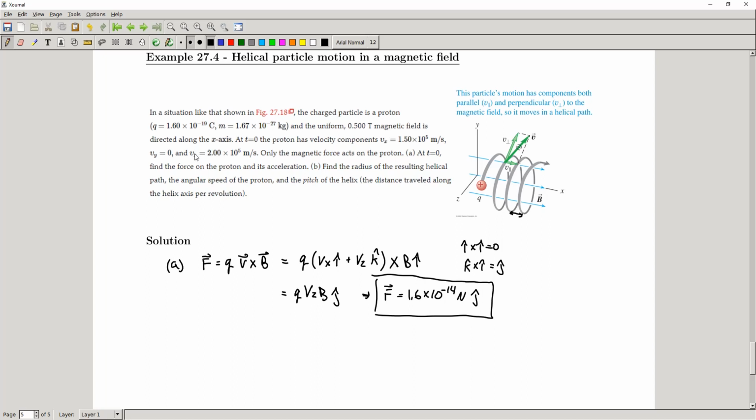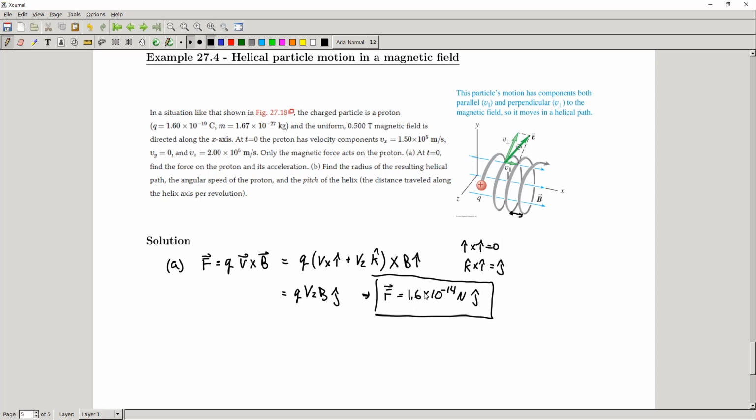If we cross the velocity in the k hat direction with the magnetic field in the i hat direction, clearly the force needs to be in the j hat direction, because it needs to be perpendicular to both. Those two unit vectors form a plane, and we need our force to be perpendicular to that plane. So this is exactly what we would expect for that initial setup.